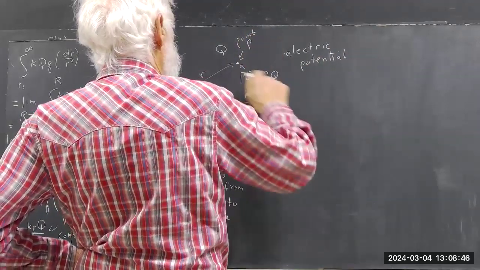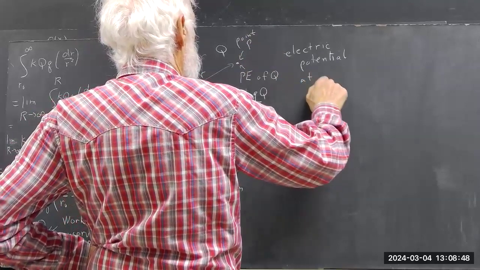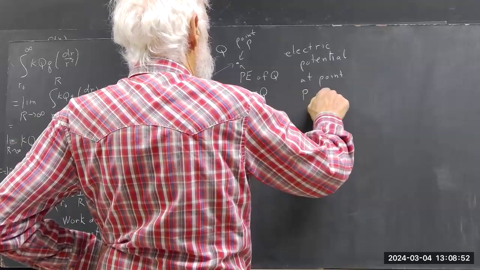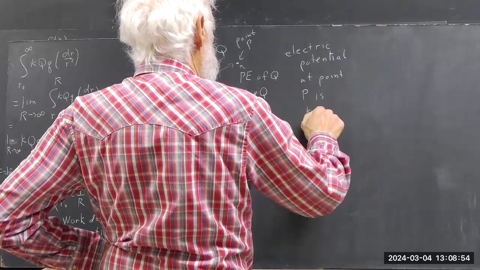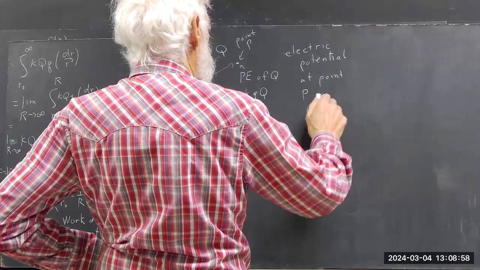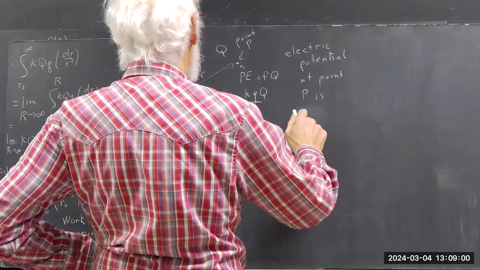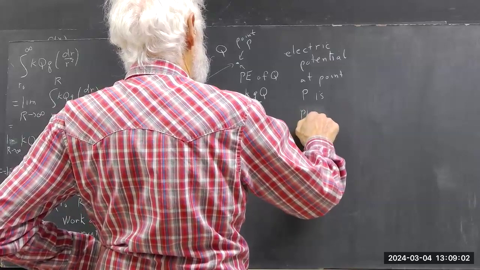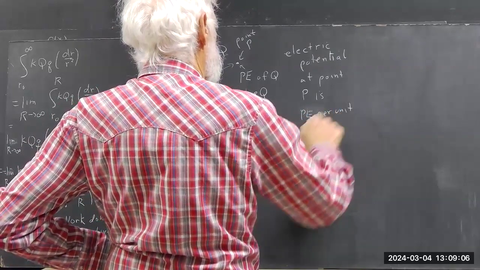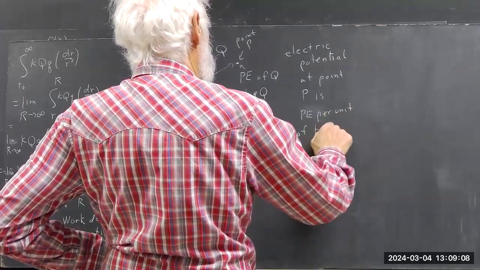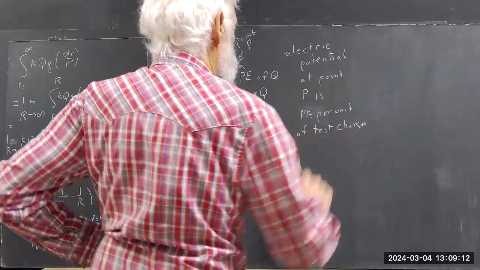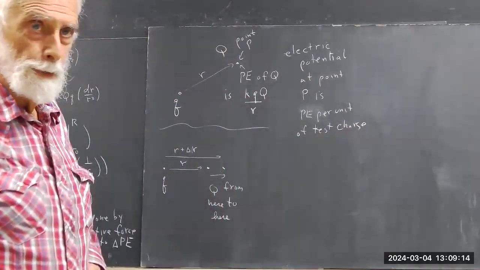Call this point B. Is potential energy per unit of test charge.